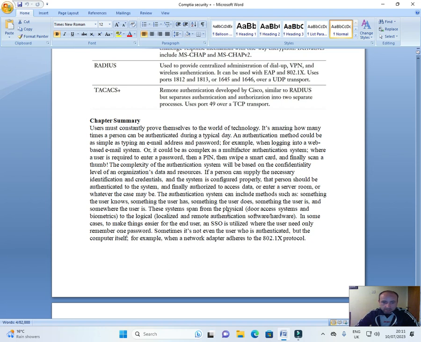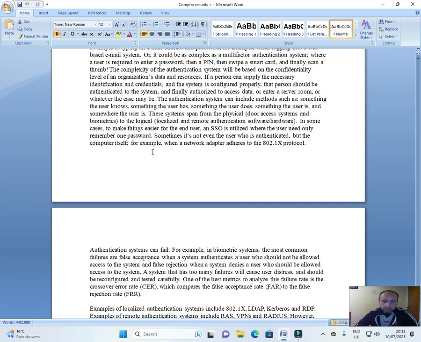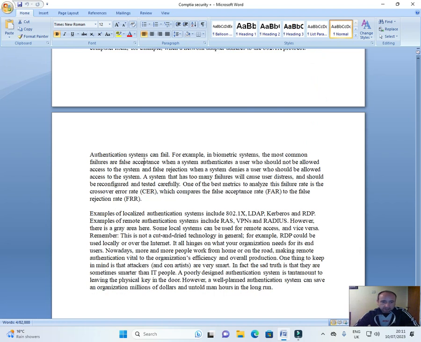In some cases, to make things easier for the end user, SSO is utilized, where the user need only remember one password. Sometimes it's not even the user who is authenticated, but the computer itself, for example, when a network adapter adheres to the 802.1x protocol.